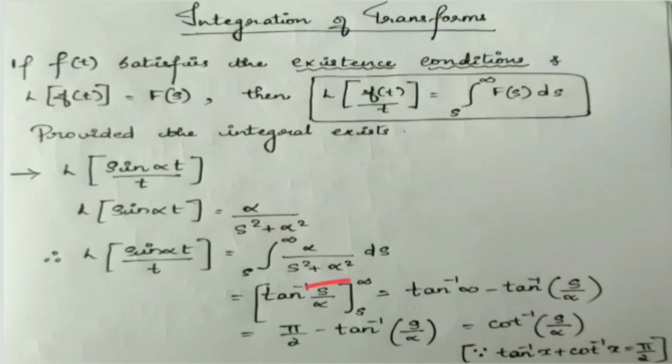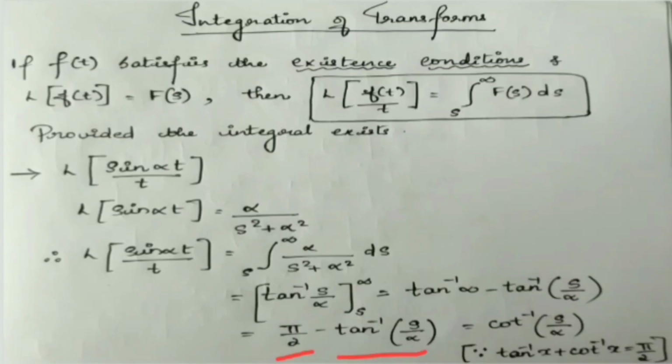So integral alpha by s square plus alpha square will be equal to tan inverse s by alpha within the limits s to infinity. So let's apply the limits and we'll get tan inverse infinity minus tan inverse s by alpha. So tan inverse infinity is pi by 2 minus tan inverse s by alpha.